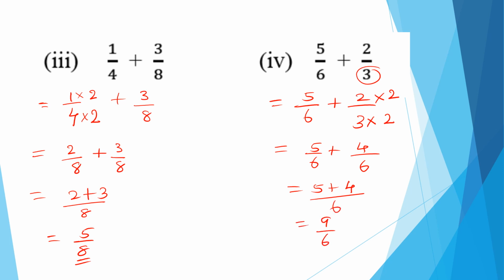Then you have to keep this in the simplest form. You can divide both by 3, and you get 9 divided by 3 is 3, 6 divided by 3 is 2. Then 3 over 2 is the answer. So this is in the simplest form. So maybe we should keep it like this to get the full marks from this question.